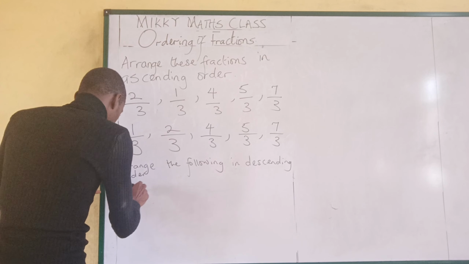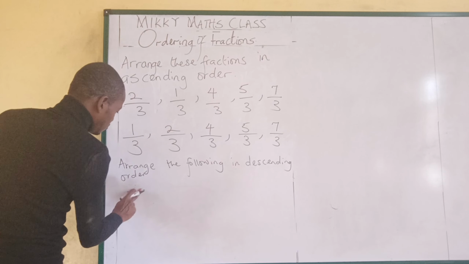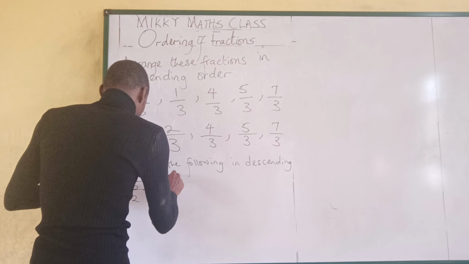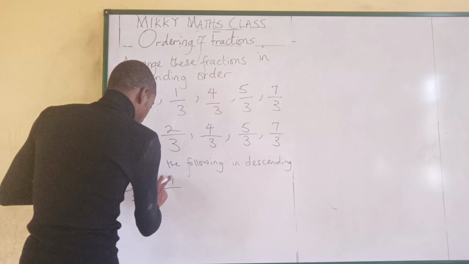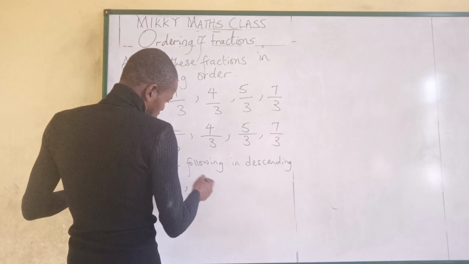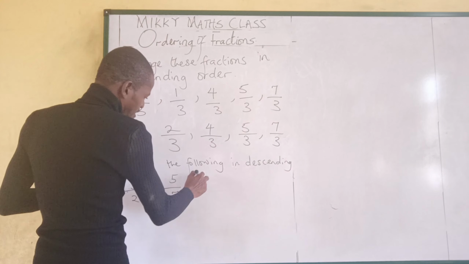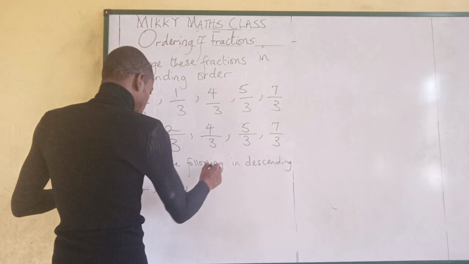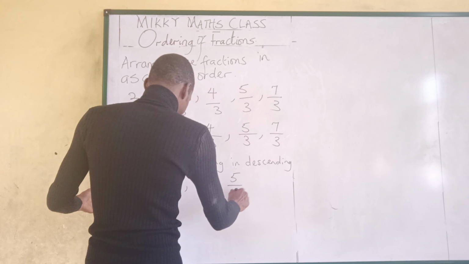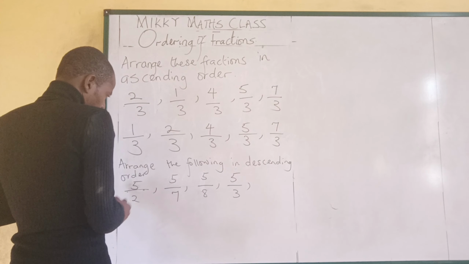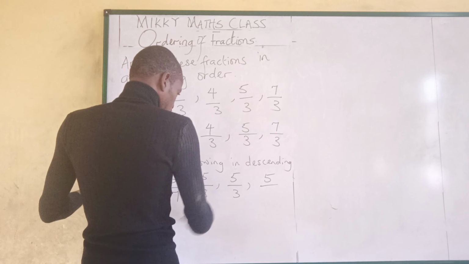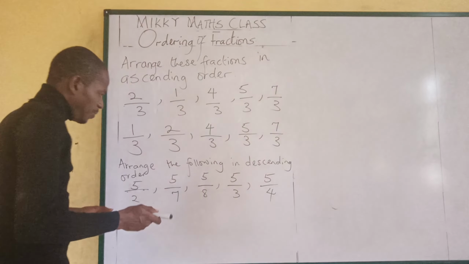Okay, since they have the same numerator, let's say 5 over 2, then 5 over 7, then let's say 5 over 8, then you could have 5 over 3, then let me include one more, 5 over 4.